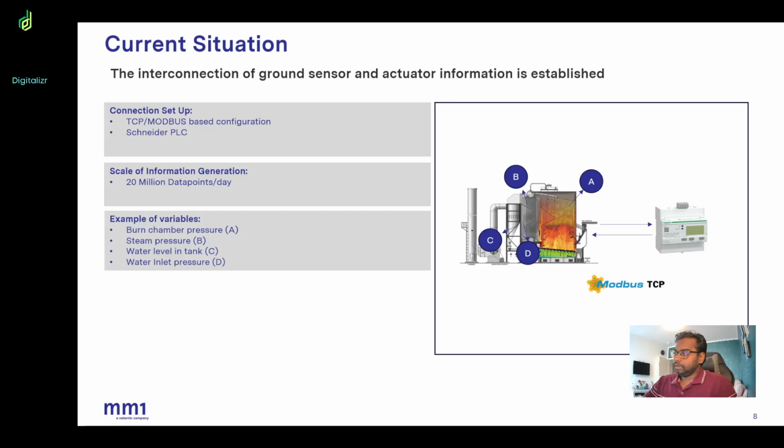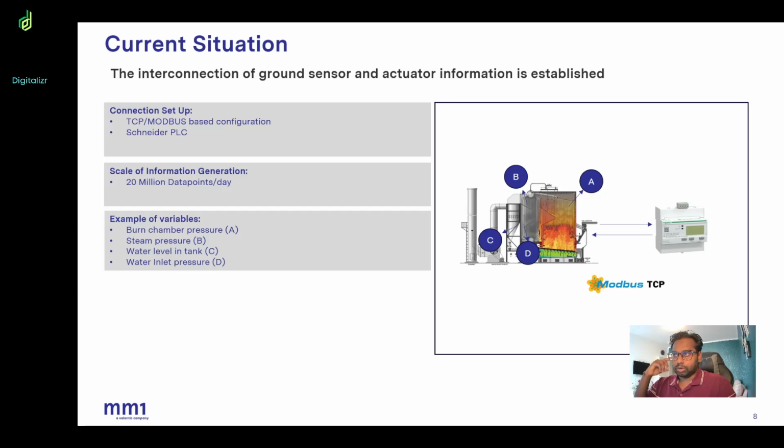We also have special sensors installed in this boiler system: the burn chamber pressure, measured in bar; the steam pressure, released at the end point of the boiler system; the water level tank, showing how much water is still left, which will eventually be boiled in the burning chamber; and the water inlet pressure, how much force the water enters the chamber with. So we have four different variables here.